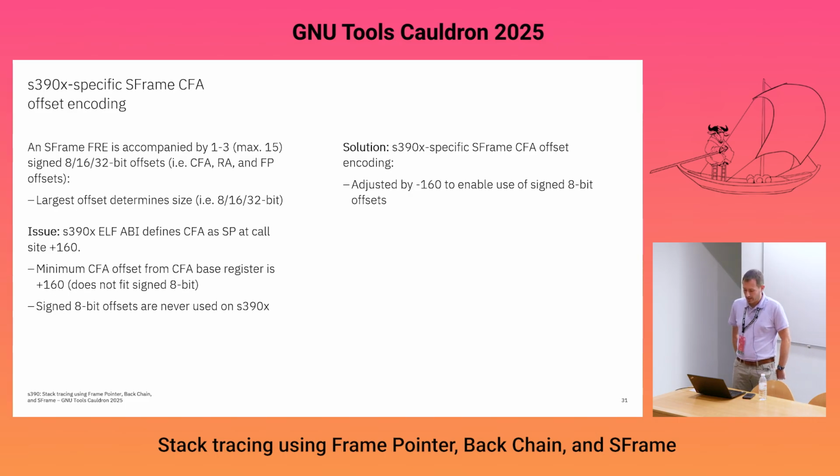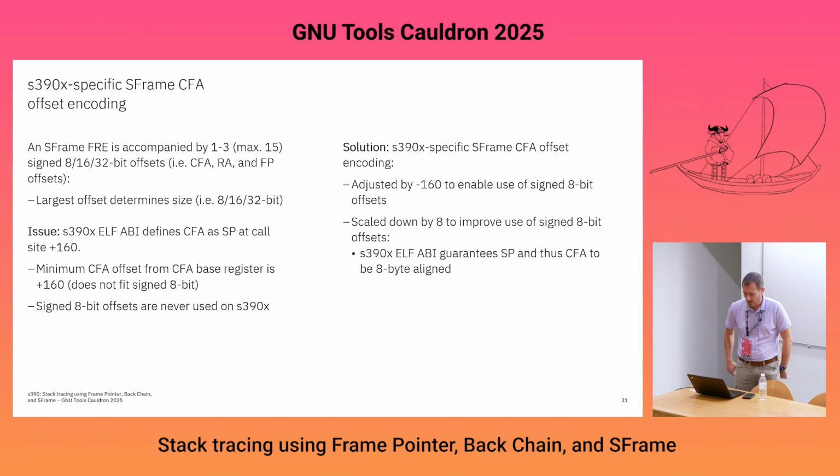And to enable the use of those signed 8-bit offsets, we adjust the CFA offset by -160. And since we are already doing something special for S390, we additionally scale it down by 8 to further improve the use of 8-bit offsets. That is possible because our ABI guarantees the stack pointer and the CFA to be 8-byte aligned.